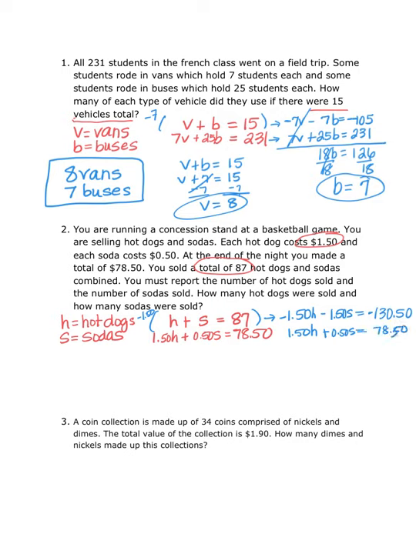Whoops. Now let's add straight down. Adding straight down will cancel out my H's. Negative 1.50S plus 0.50S is negative 1S. Negative 130.50 plus 78 is negative 52.50. Did I do that right?